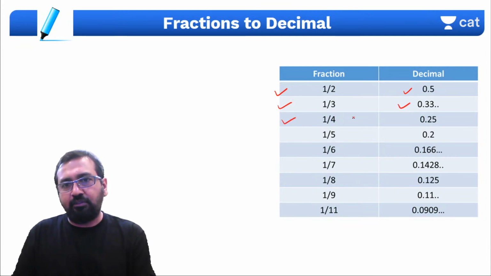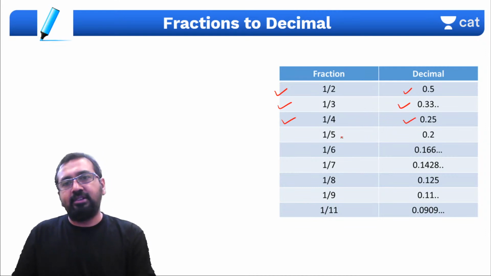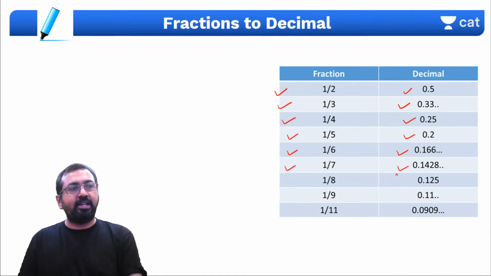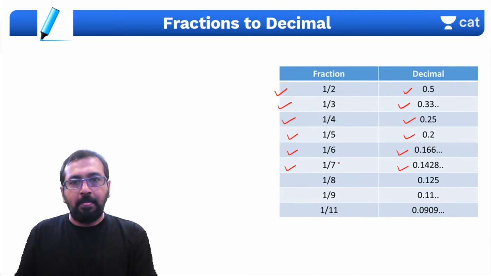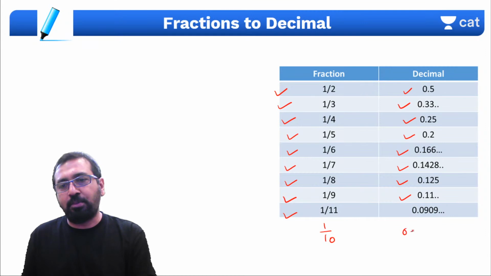Please note this down with me. 1 by 4, 0.25. 1 by 5, 0.2. 1 by 6, 0.166. 1 by 7, 0.1428. 1 by 8, 0.125. 1 by 9, 0.11. And 1 by 10, I'm sure all of you remember, is 0.1.